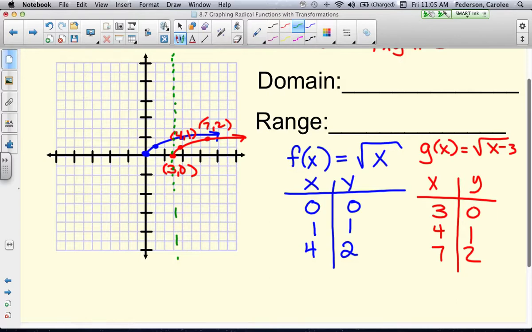So my domain has to be x greater than or equal to 3. Then my range hasn't changed at all. If I graph this imaginary dotted line, anything above this line exists. So my range then is y greater than or equal to 0.